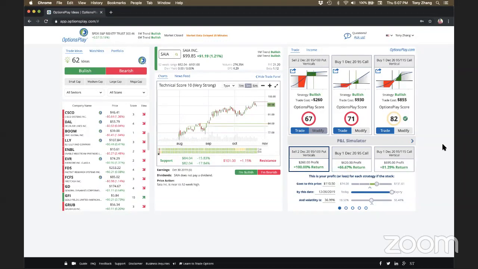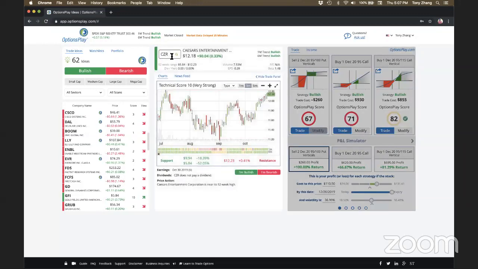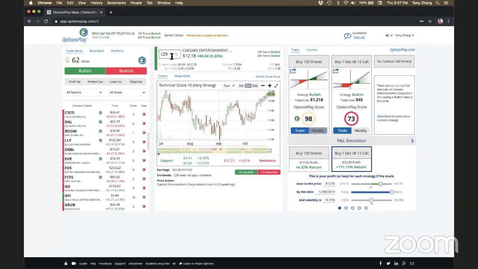I'll take one more example before I open this up for Q&A. I really appreciate you guys taking the time out to submit some symbols. So Jim is asking CZR. Caesars Entertainment. We couldn't even find a debit spread here on this particular stock, so I'm not going to use that.